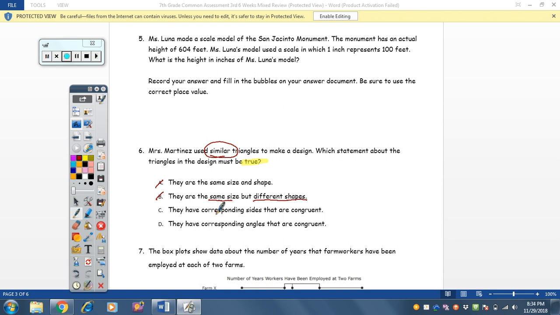C says they have corresponding sides that are congruent. Two, get your points. Congruent means blank. Yep, you're going to have to look it up, find it in your notes, find it in a dictionary.